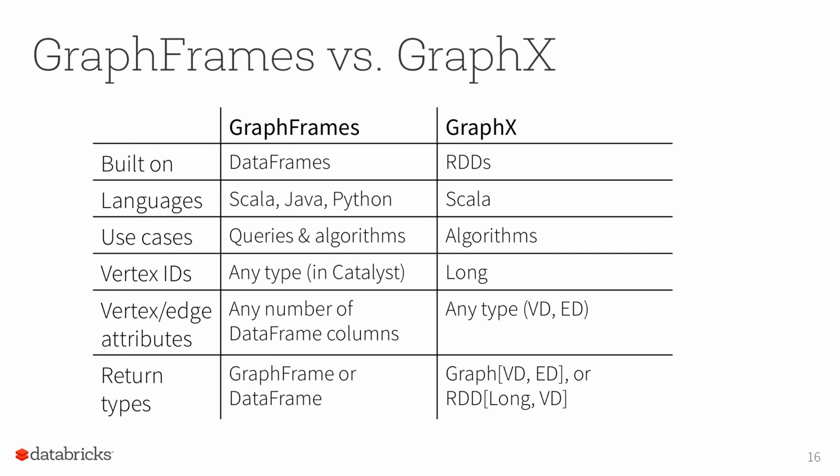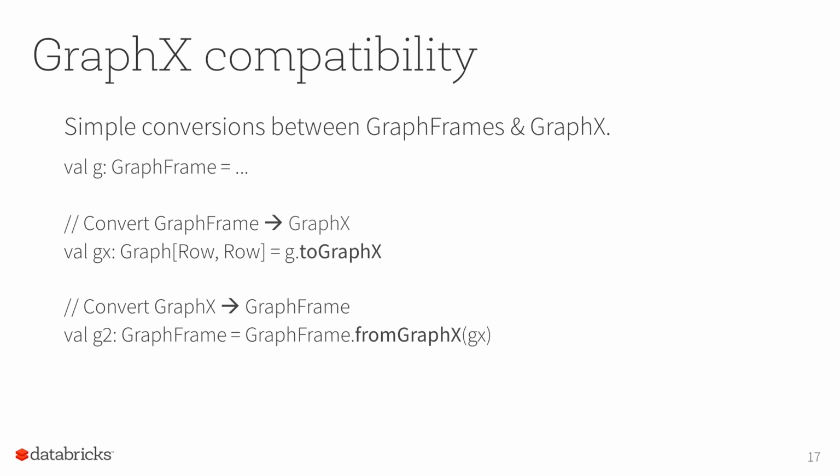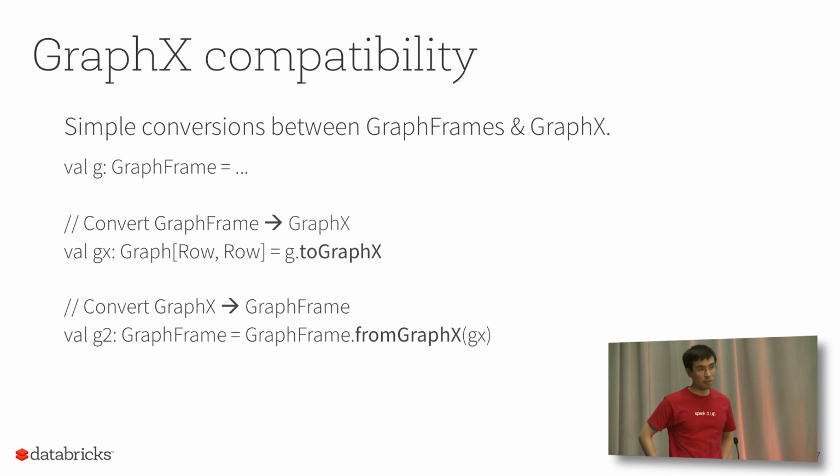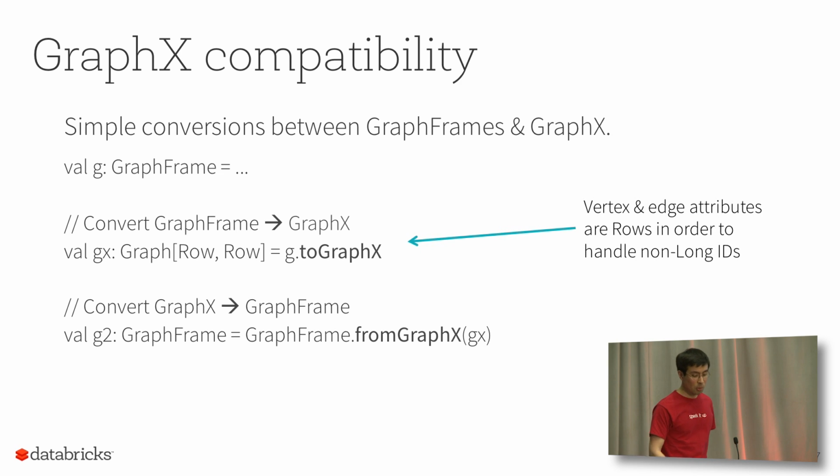In terms of GraphX compatibility, we support pretty simple conversions between graph frames and GraphX. Say you have a graph frame, you can call toGraphX and immediately get a graph. Do note that the vertex and edge attributes are of type Row, and that's in order to support non-long IDs in graph frames, where we need to maintain that data within the GraphX graph for mapping the original non-long IDs to the GraphX long IDs.